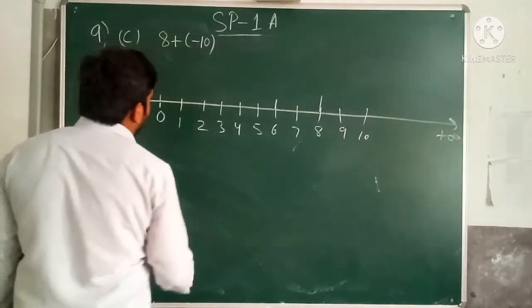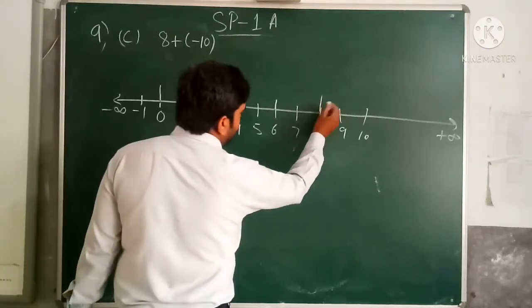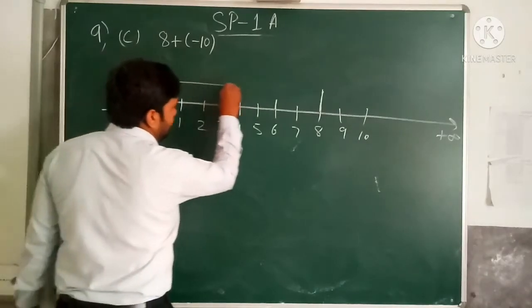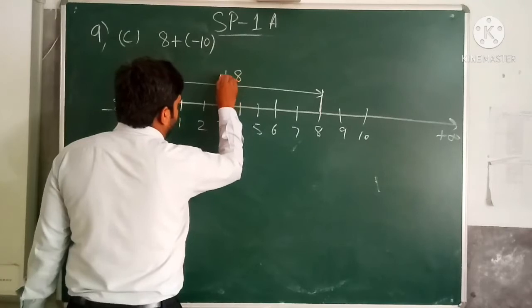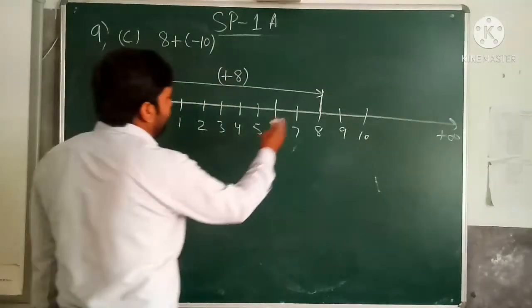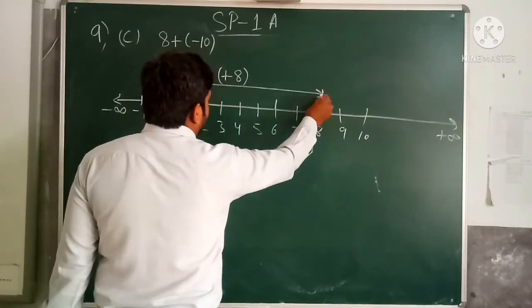So first we move 8 steps to the right. Where is it? Here. Till here we draw a line. That is plus 8, meaning 8 steps to the right side of the 0. Now from there we have to move left. How many steps? 10 steps.